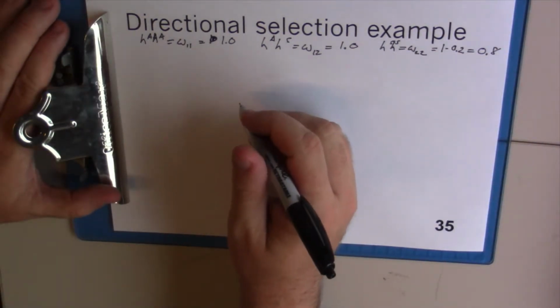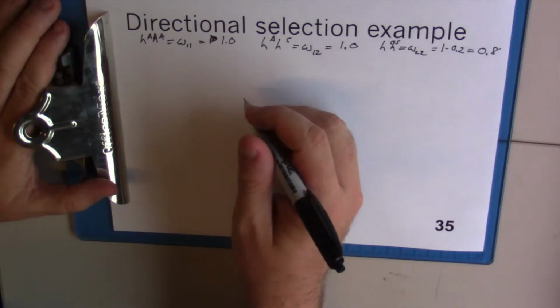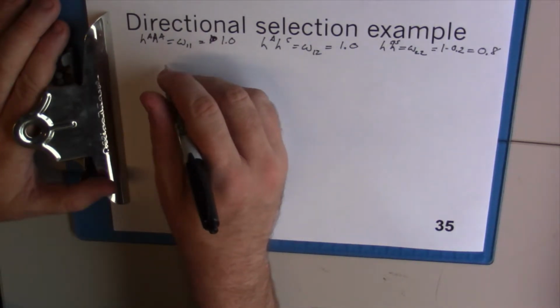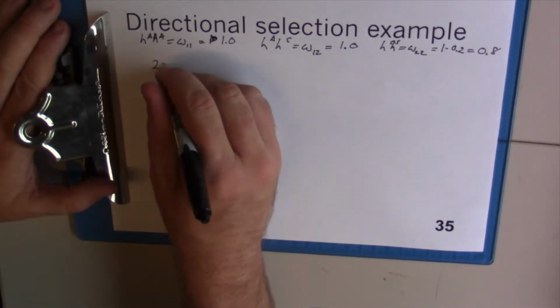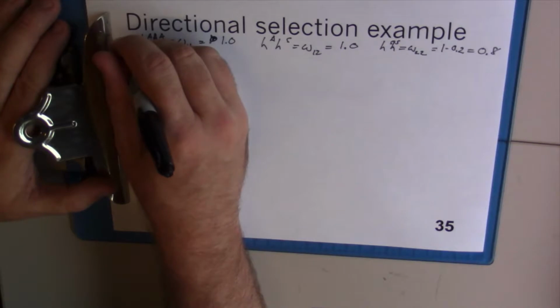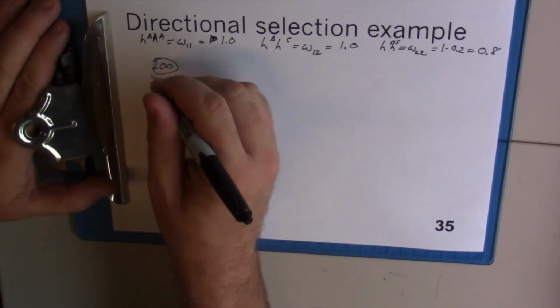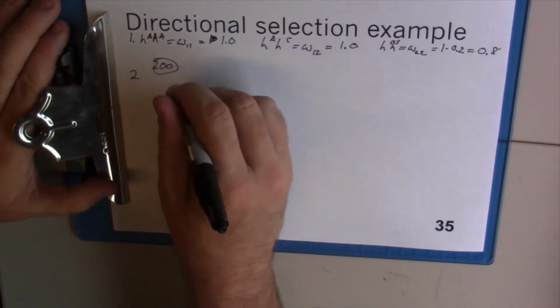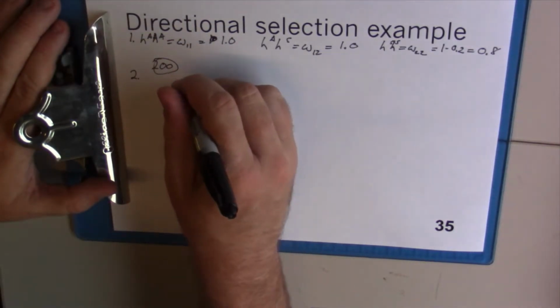Now there are 100 individuals in the population, so they each donate 200 alleles. So our first step was to find the fitnesses. The second step is to find the frequency of each allele in the population.